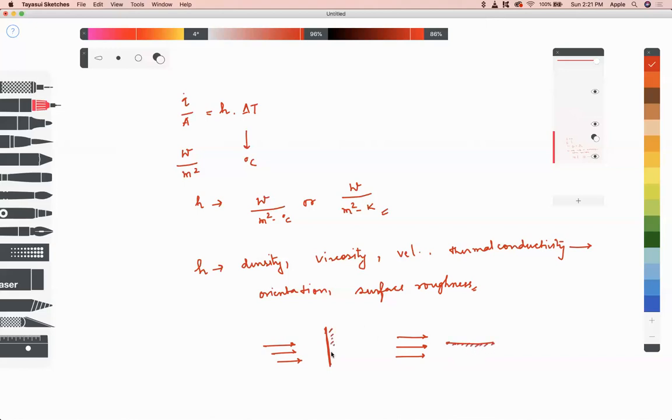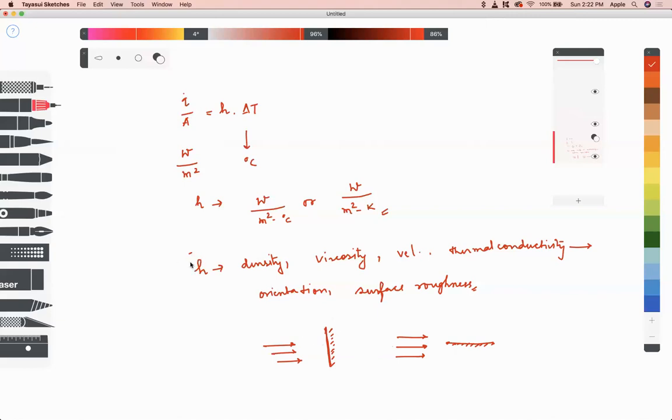So definitely there will be different amounts of heat transfer in both cases, and that usually happens. See, the area of the plate has not changed. Also the surface temperature and the ambient temperature have not changed. So what changed is just the orientation of the plate, and because of that, your heat transfer rate will be different in both cases.